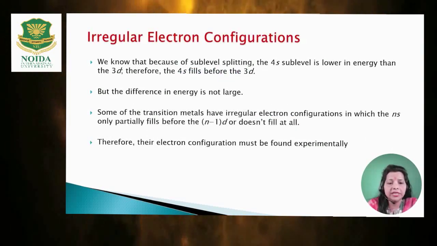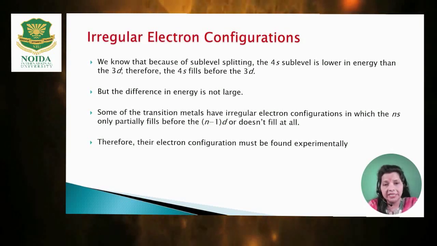Now irregular electronic configuration. We know we have a particular sequence for the filling of orbitals: 1s2, 2s2, 2p6, 3s2, 3p6, then after 3p we have 4s2, then 3d10, right?